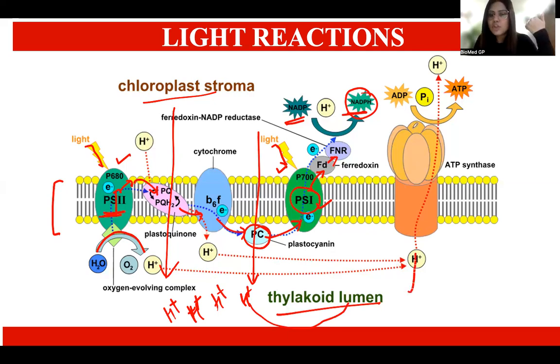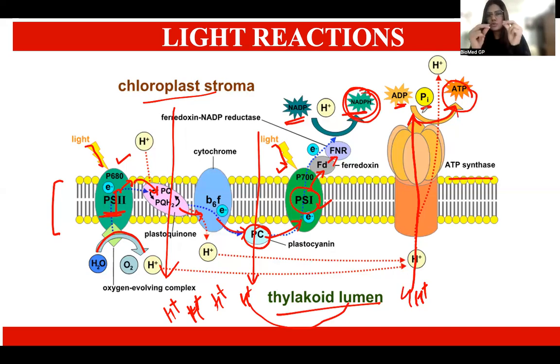Through a channel present inside the ATP synthase machinery, which is present in the thylakoid membrane itself. When 4 hydrogen ions from inside the thylakoid move through this channel, one ADP molecule and one Pi molecule, that is the inorganic phosphate, combine to form ATP. So at the end of the light reactions, we are left with NADPH molecules and ATP molecules.